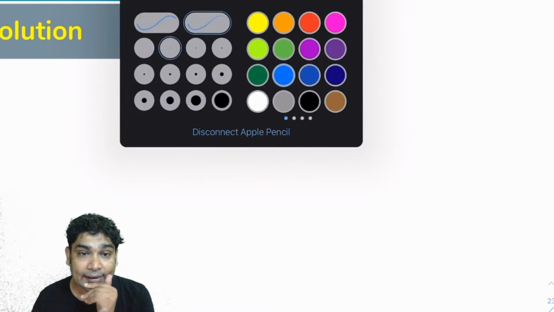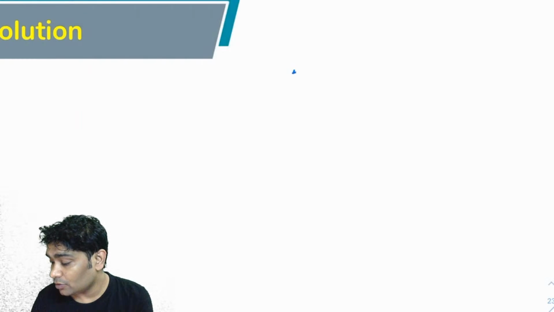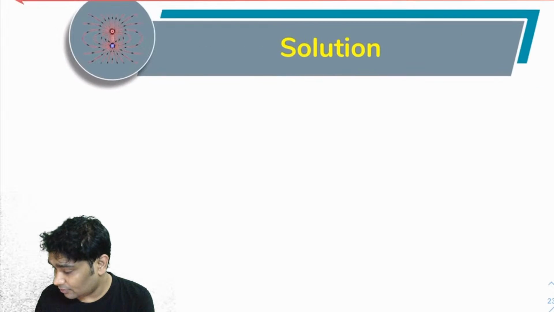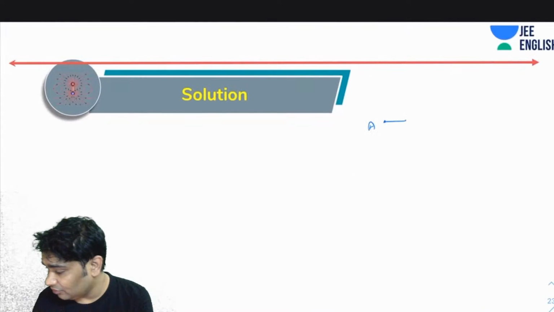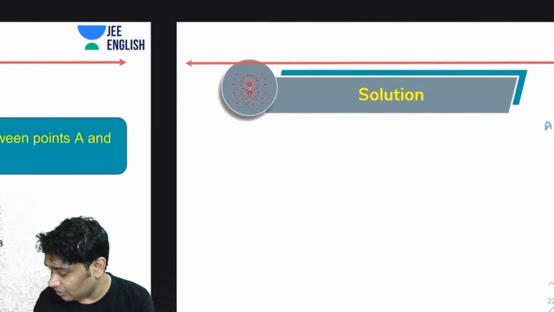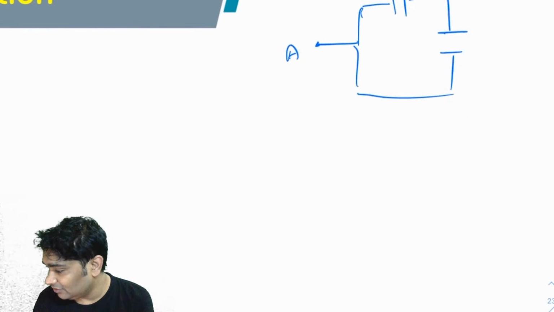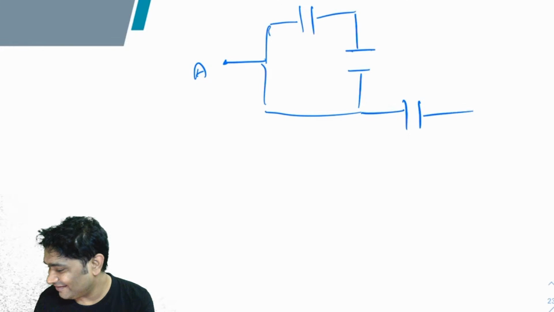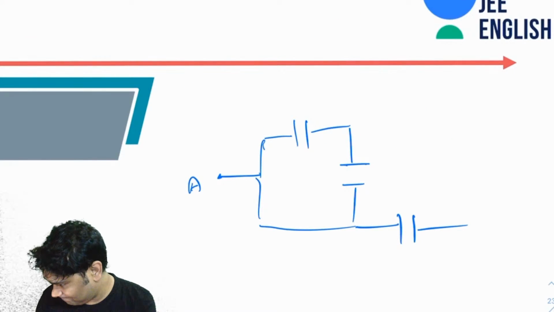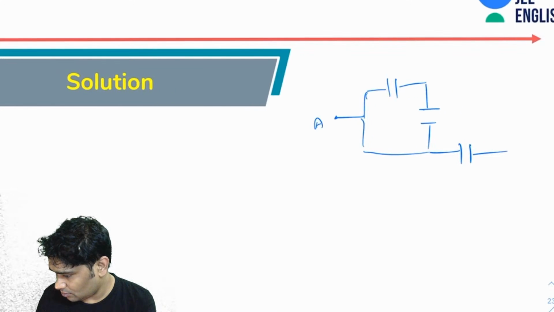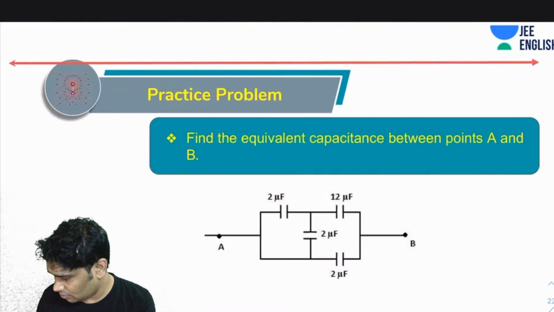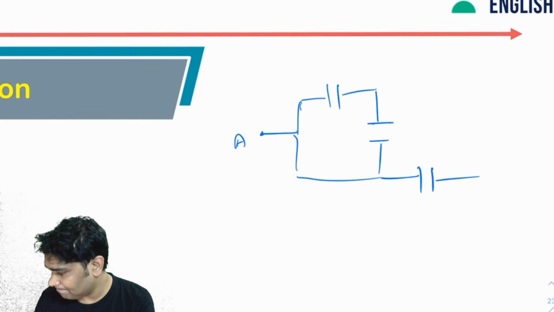You had A, then you have 2, then you have another 2, then you have another 2, then 12, and then B.